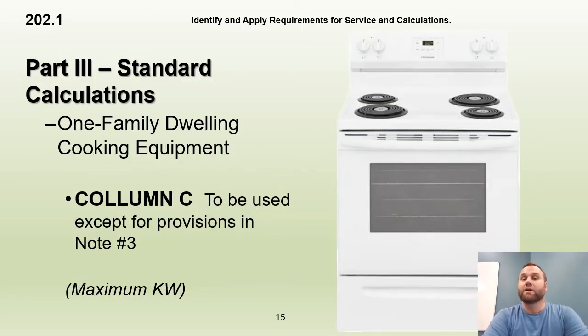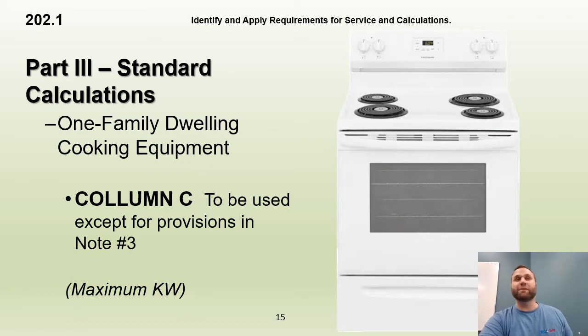Step 4, electric cooking equipment. In order for us to apply a demand, again, that demand meaning the ratio between what's totally connected versus what we expect to use for our cooking equipment so that it safely is included in our service, is going to be found in Article 220.55, Table 220.55.